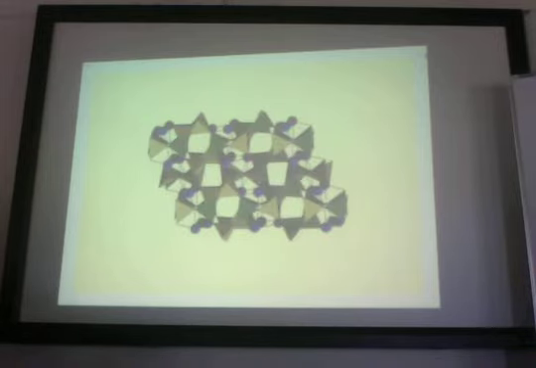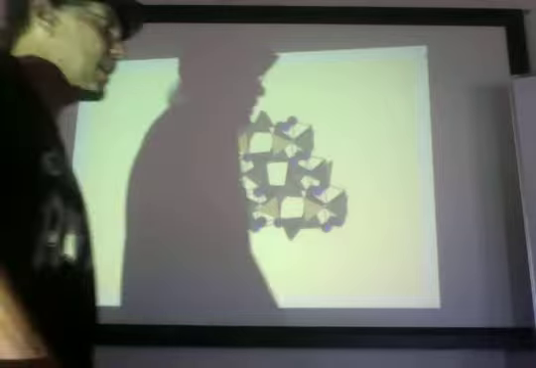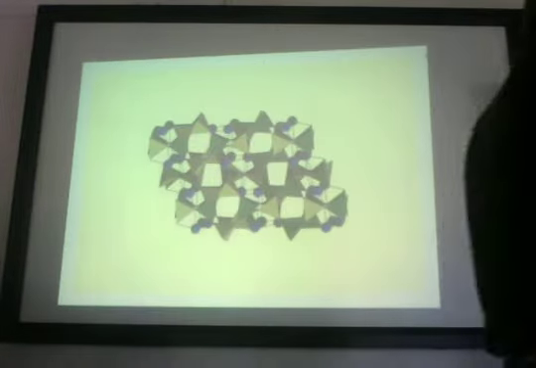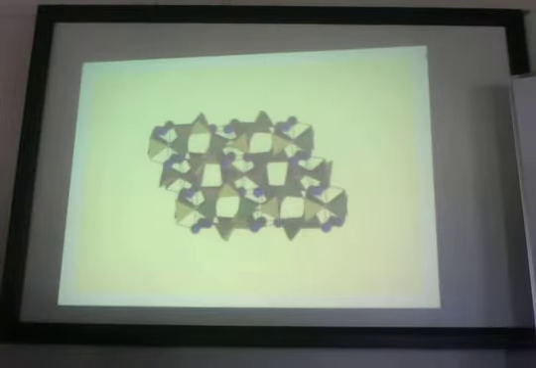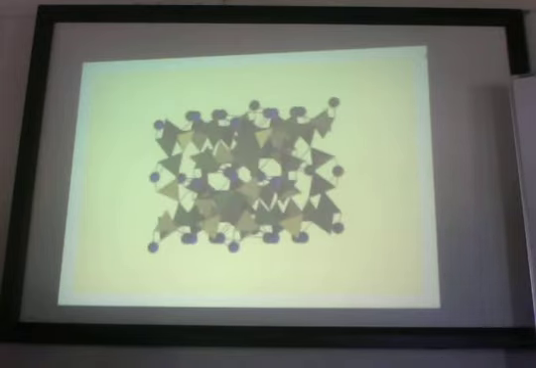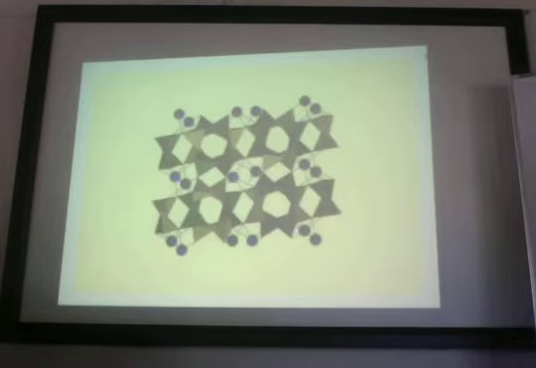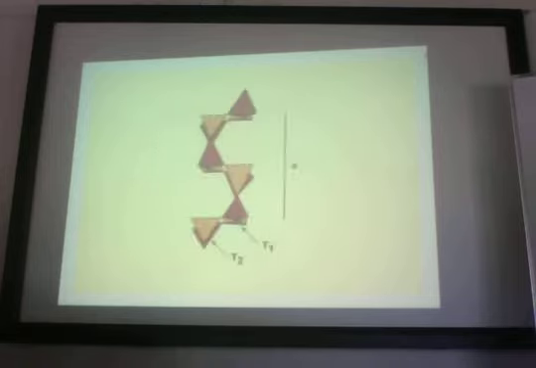That is just another plagioclase, or the plagioclase from another perspective. You can see very well that every tetrahedron is connected with another tetrahedron, and therefore they are called tectosilicates. Next slide. That is just a plagioclase from another perspective. This as well, next slide.